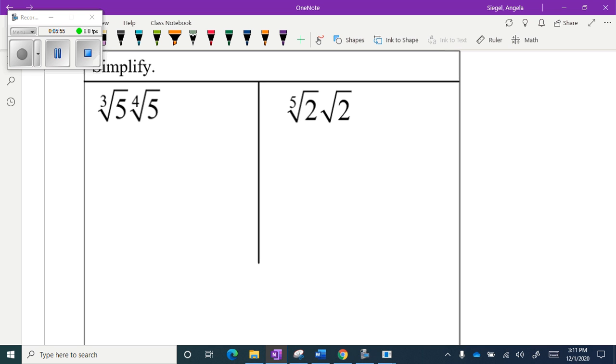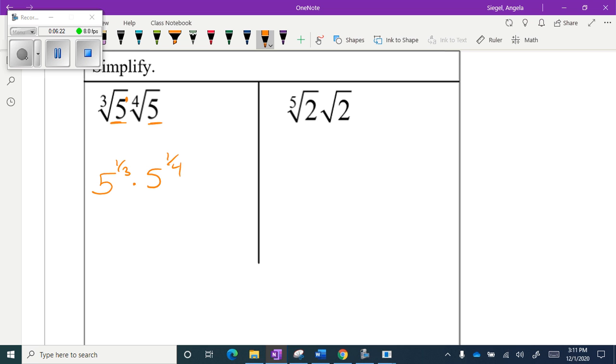Okay, so what do we do when they have different radicands? So they have the same index, but different radicands. Sorry. So in this case, I would write it in exponential form. So this is the same thing as 5 to the 1/3 power times 5 to the 1/4 power.